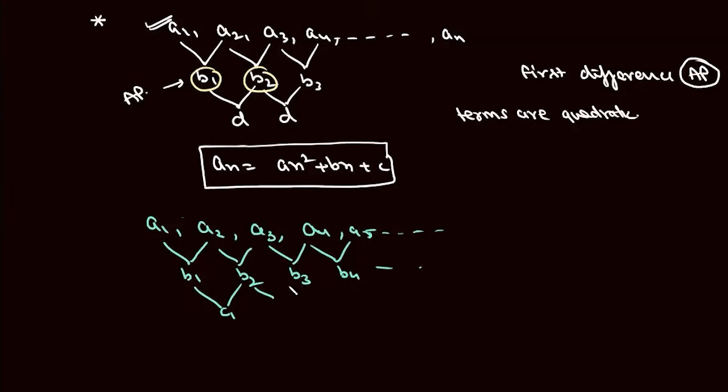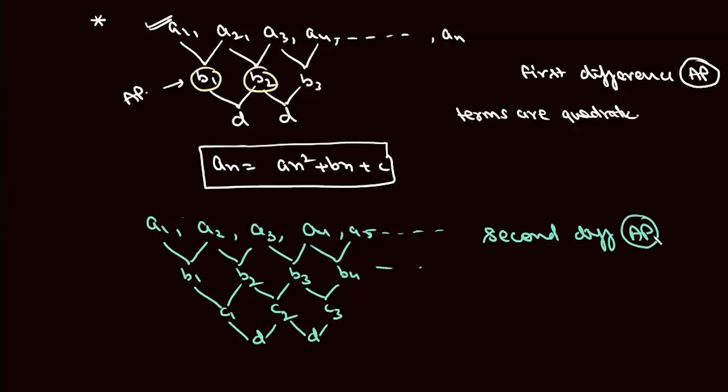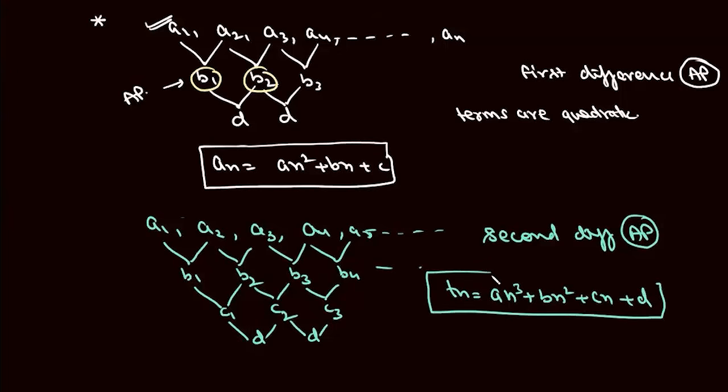So suppose it is c1, c2, c3, and these differences are constant. So when we have the second difference as an AP, then the terms are given by a cubic equation. So there'll be an³ + bn² + cn + d. And here this d is not the common difference. It is some other number, say d dash.